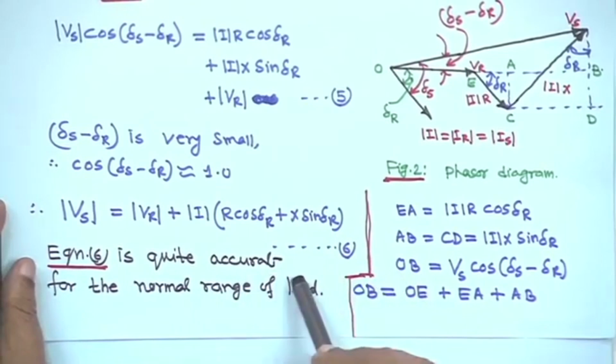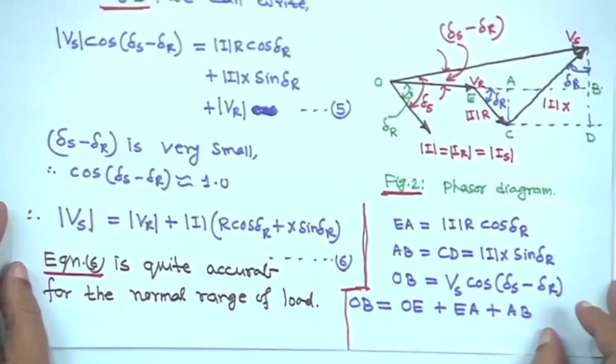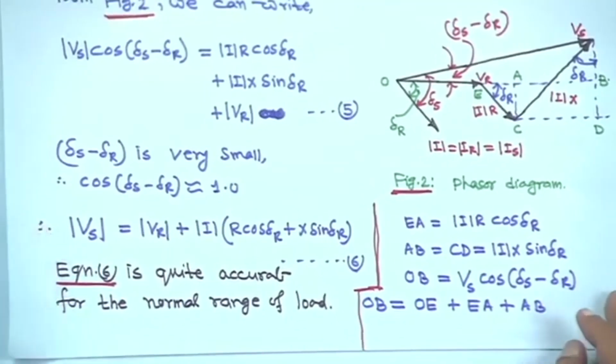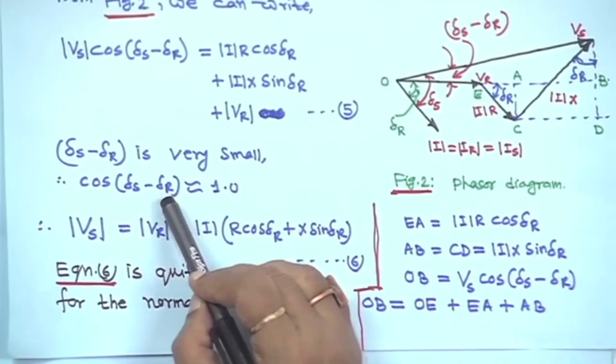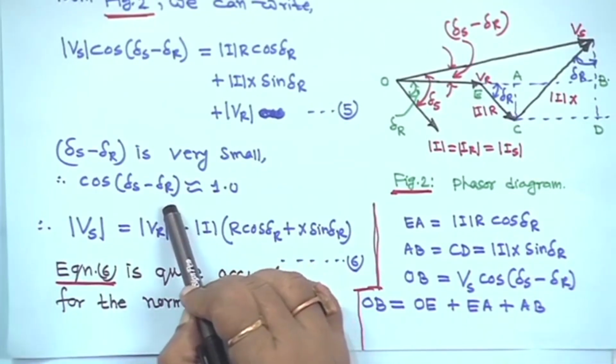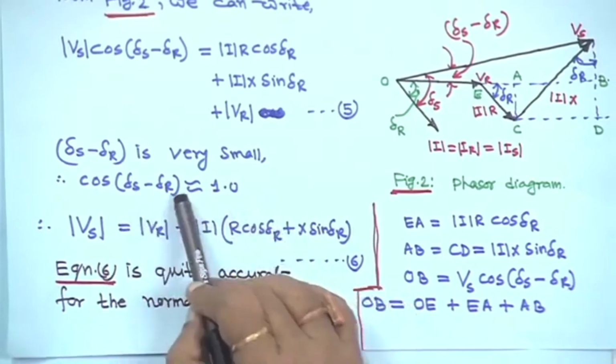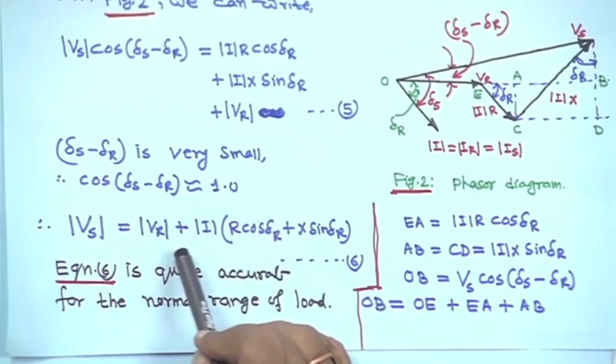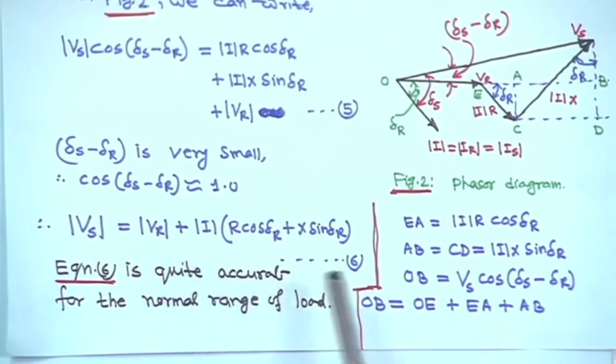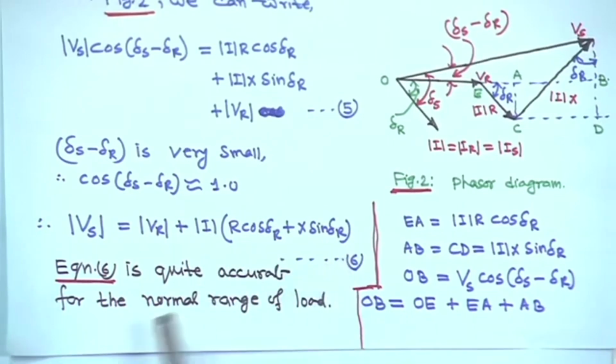Equation 6 is quite accurate for the normal range of load, because delta S minus delta R is an approximation. If the difference is more, we cannot make this approximation, but for nominal load this equation is quite accurate.